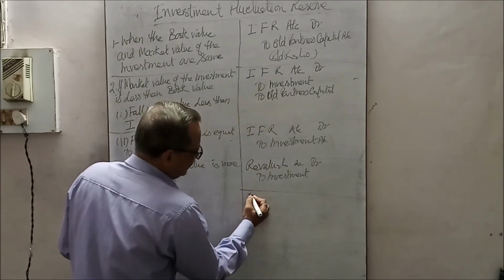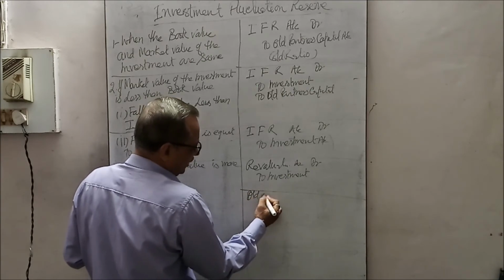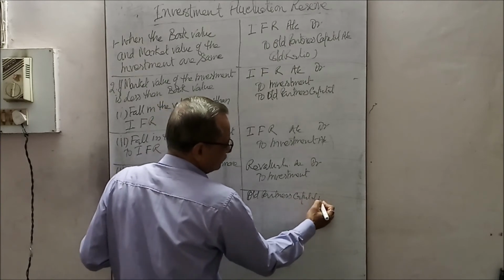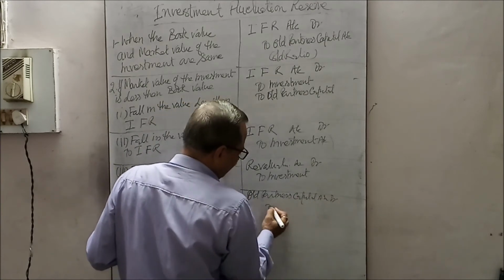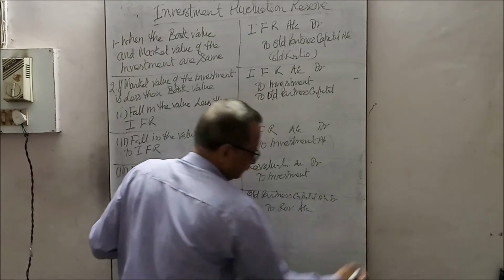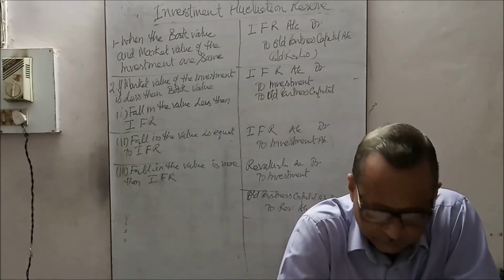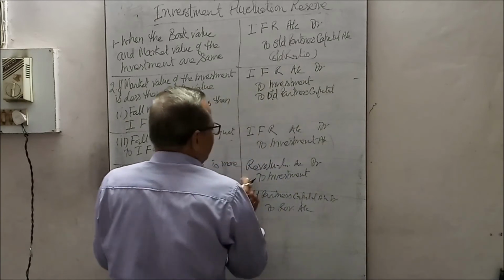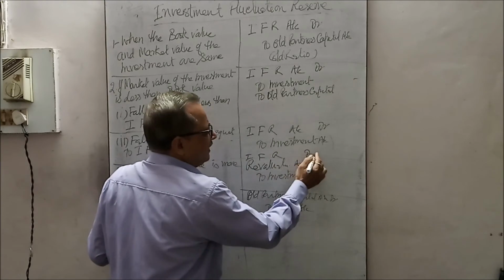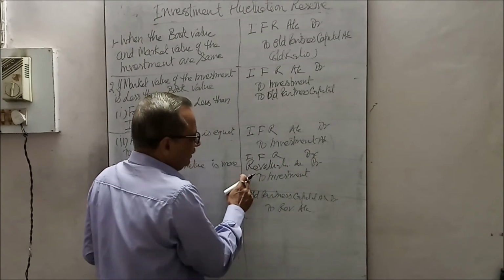And then this revaluation loss should be divided among the partners: old partners' capital account debit to revaluation account. Here we'll pass revaluation account debit to one into IFR. So the whole of IFR should be debited, and revaluation for the shortfall, the amount more than that, to investment.